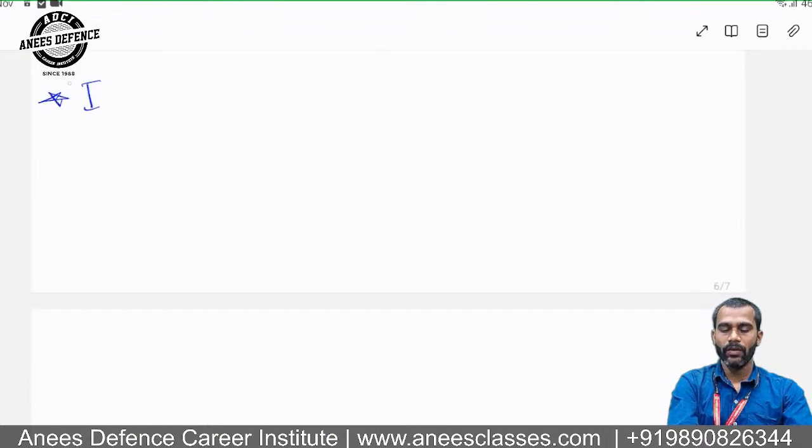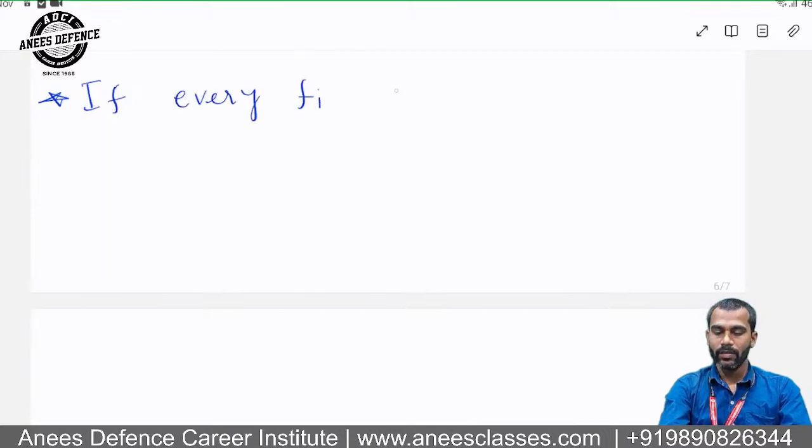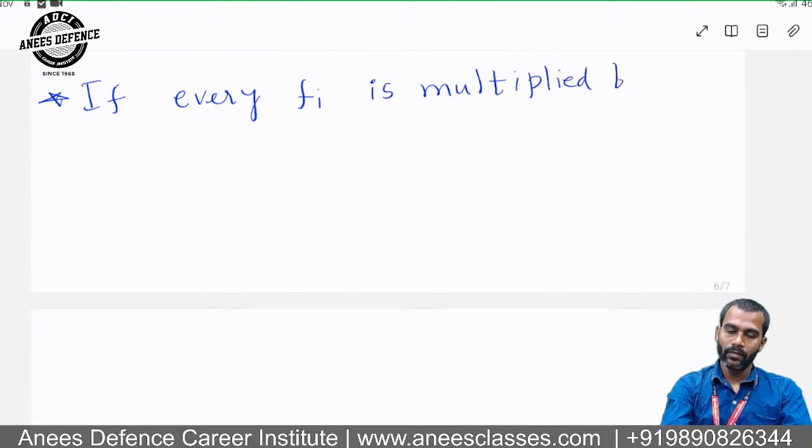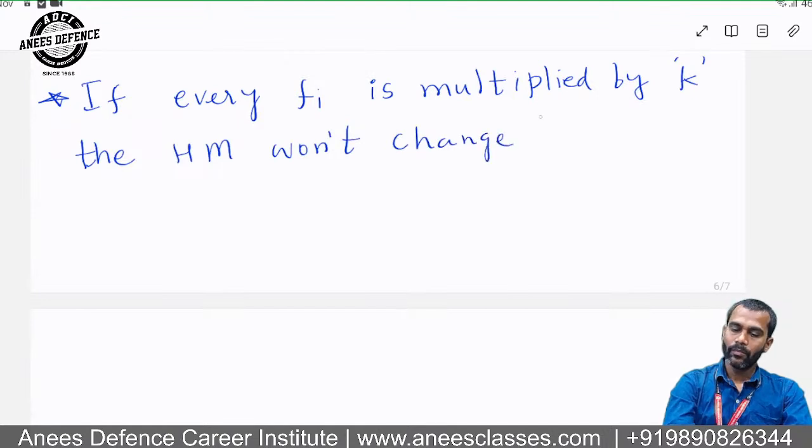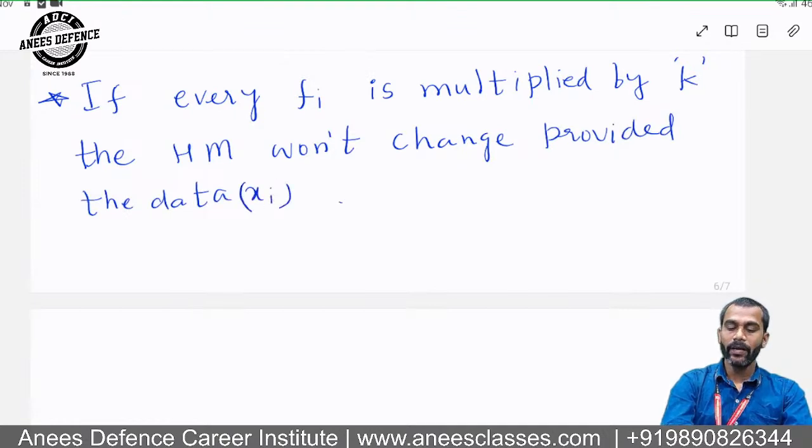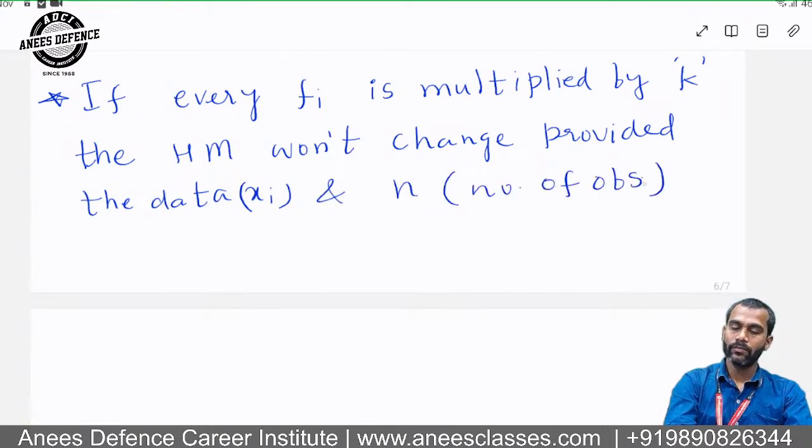Note: if every fi, fi means frequency, is multiplied by k, the HM won't change, provided the data, means xi, and n, means number of observations, are unchanged.